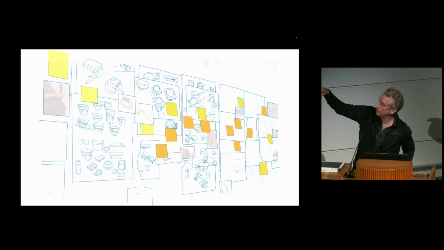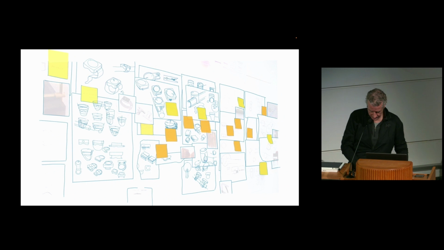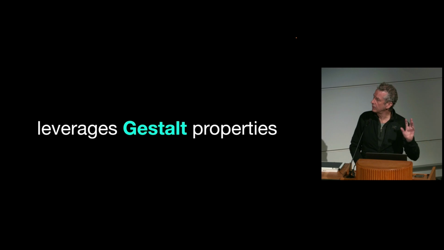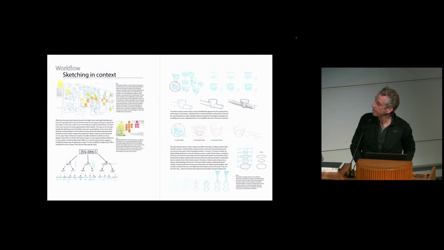Where are the post-it notes, and how is all of this chunking out the process to make it easier for the designers to think? So those Gestalt properties get leveraged, sometimes we intuitively understand them, but we don't necessarily spend the time to really fully harness the true power of those.